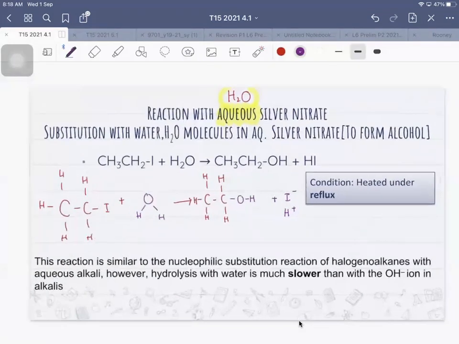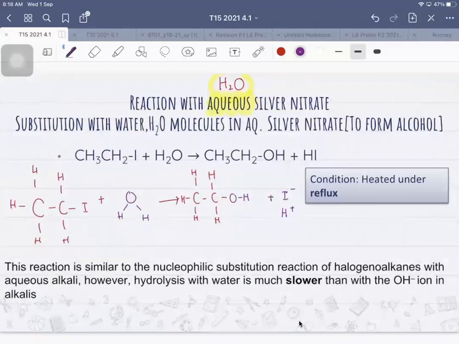So please add this to your notes: hydrolysis is the breakdown of a substance by water molecules.